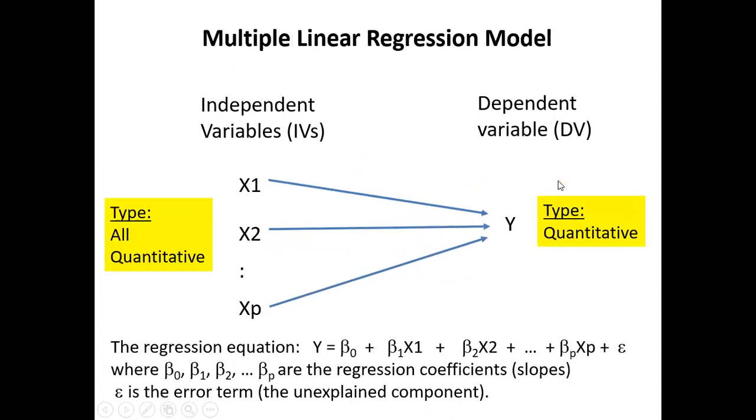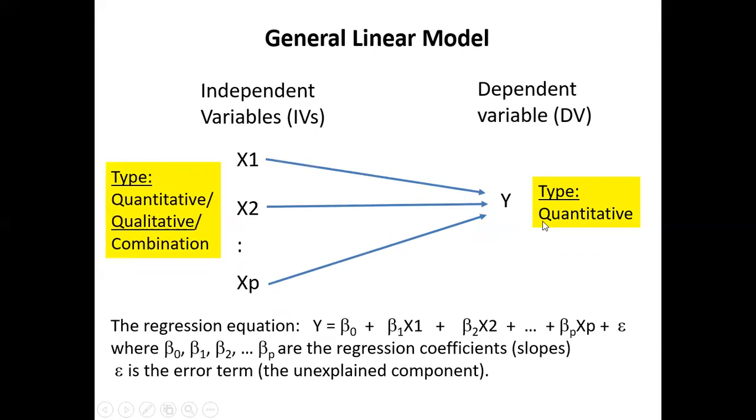You can see a sequence. So in your data, you must know what you're measuring and how you're measuring. If the dependent variable is quantitative and these are all quantitative, then regression. If the dependent variable is still quantitative, but here a combination of quantity and quality, that's what you did in your last assignment, then we use general linear models.